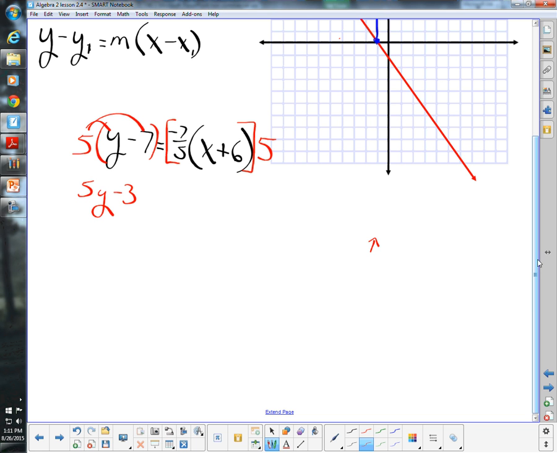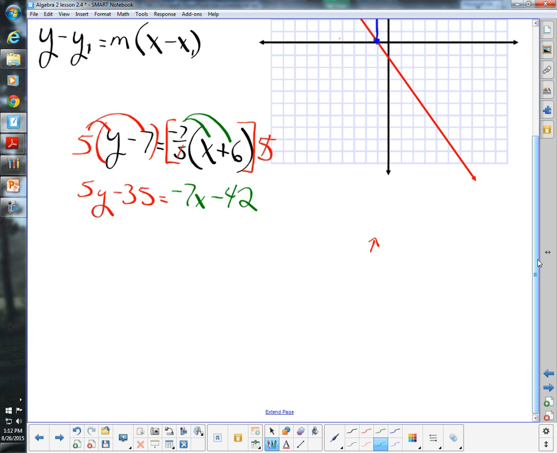On the back, multiplying by 5, this 5 and this 5 will cancel. So what I really have on the back is just negative 7 times x, negative 7 times 6. All right, I've cleared out fractions.